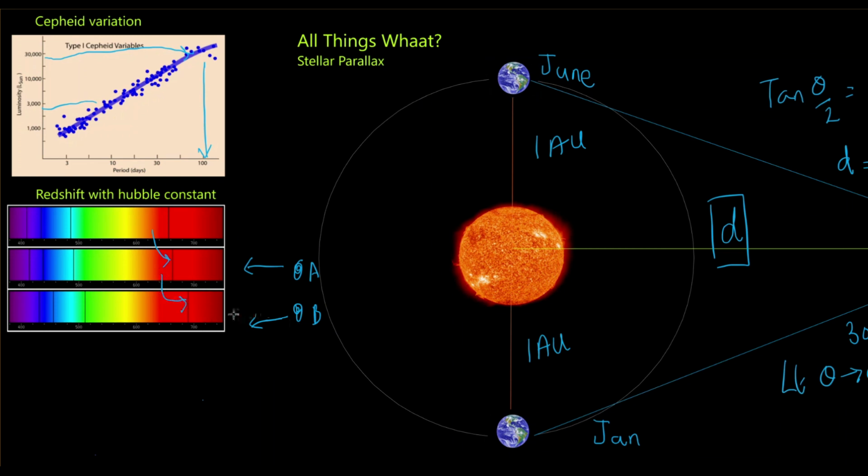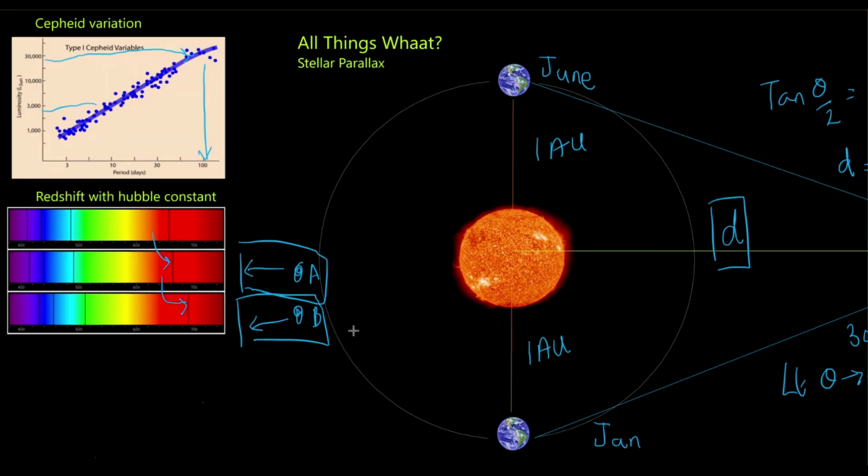So we can assume that galaxy B is moving away from us at a faster rate than galaxy A. With this and the Hubble constant, we can determine the distance of the object from us.